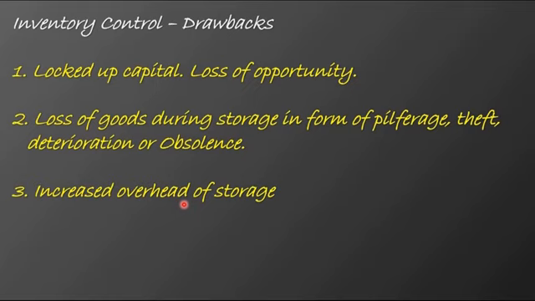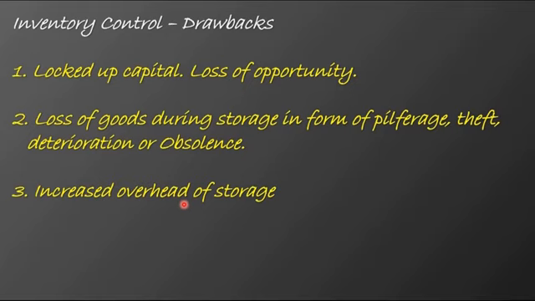That is in form of providing a special environment like high humid environment, air conditioned environment, salary of security guards, then cost of space, salary of clerk who is looking towards the inventory. So all this overhead is accounted under the inventory. So because of such drawbacks, inventory is not desirable.